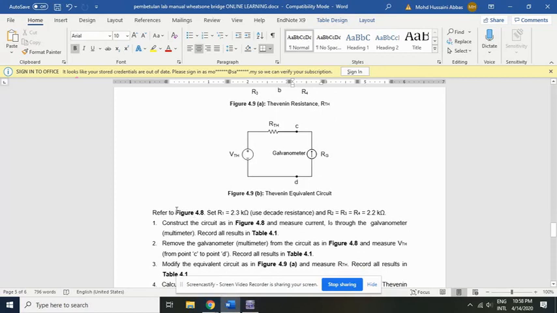At first, refer to figure 4.8. You need to set R1 equal to 2.3 kilo ohm, and R2 equal to R3 equal to R4 equal to 2.2 kilo ohm.